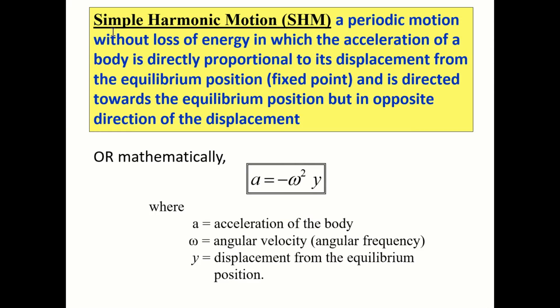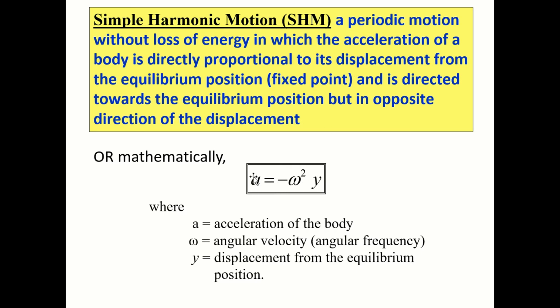Okay class, so this is the definition of simple harmonic motion. Basically it is a motion that is periodic. We'll see the meaning of periodic motion without loss of energy. So the motion does not have any loss of energy, and when an object is moving with simple harmonic motion, the acceleration of the object is directly proportional to displacement.